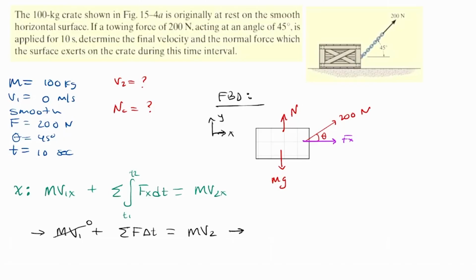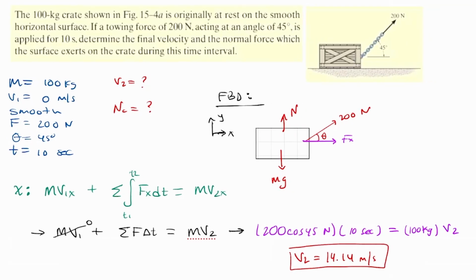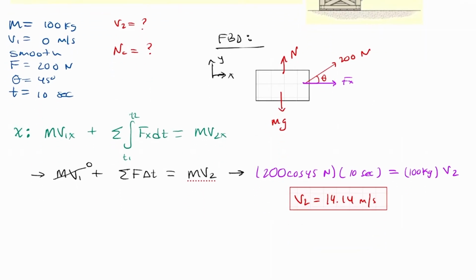That will be 200 cosine of 45 newtons times the 10 seconds, and this equals the mass, which is 100 kilograms, times v2, which we are looking for. And from this, you'll get that v2 equals 14.14 meters per second. Of course, it was in the x direction, but our box is only moving in the x. It's not accelerating in the y direction, so we can simplify it like that.